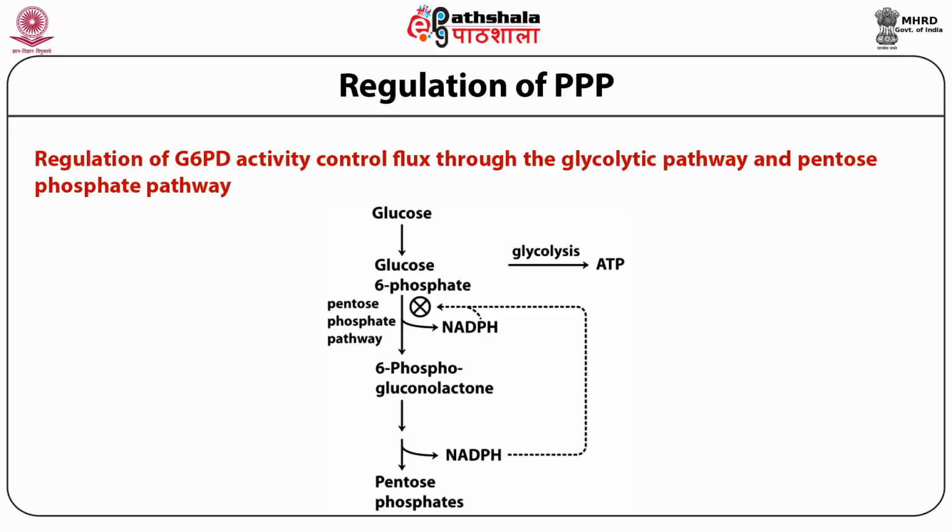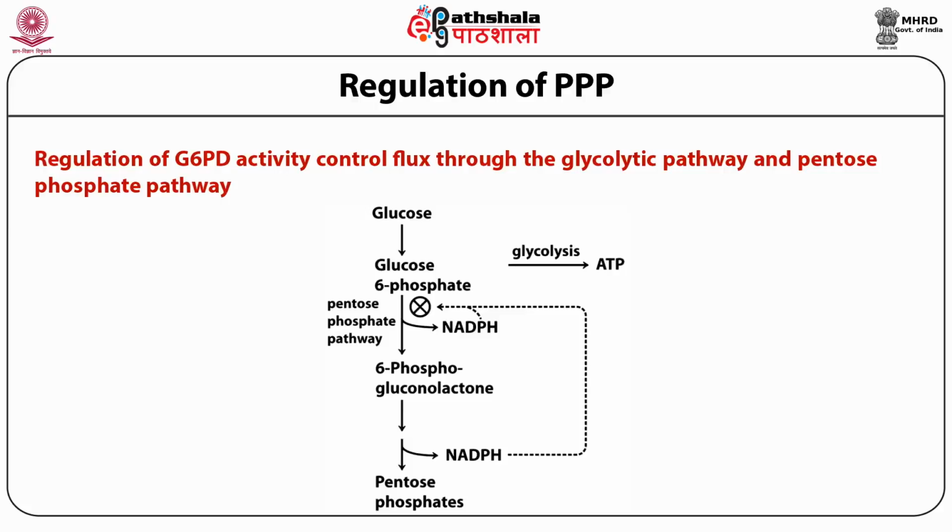The transcription of the gene for this enzyme is under hormonal regulation. The synthesis of glucose 6-phosphate dehydrogenase is induced by the increased insulin to glucagon ratio after a high carbohydrate meal.